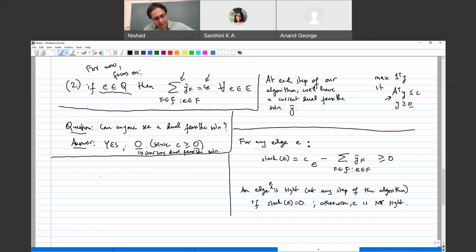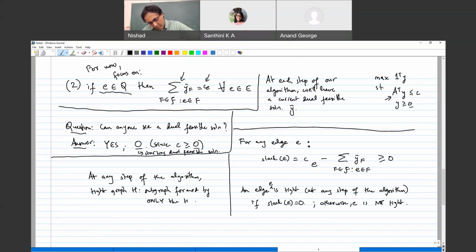So at any step of the algorithm, the tight graph H is the subgraph formed by only the tight edges with respect to the current dual feasible solution.